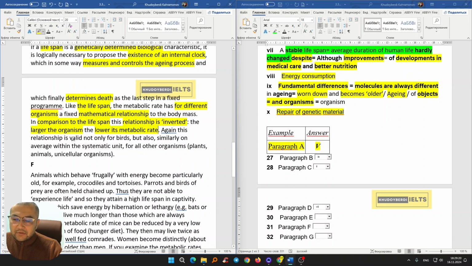Again, this relationship is valid not only for birds but also similarly on average within the systematic unit for all organisms, plants, animals, unicellular organisms. Okay, so it's 30.